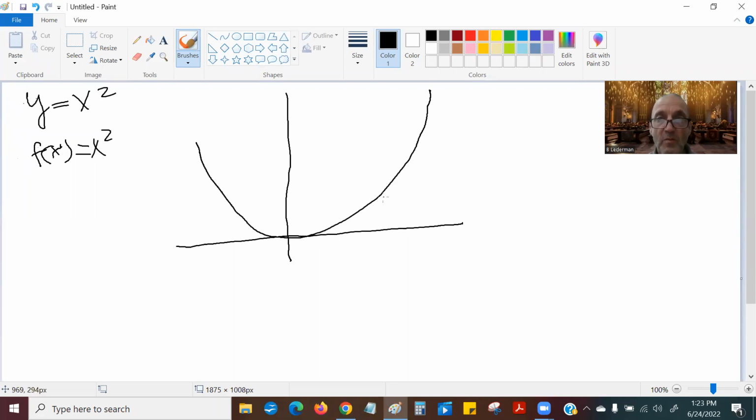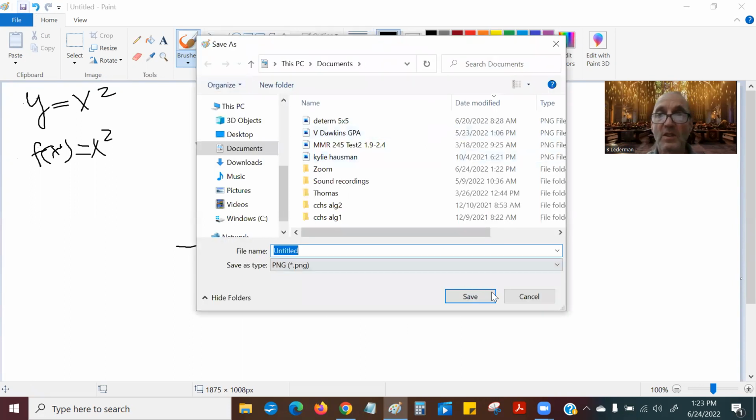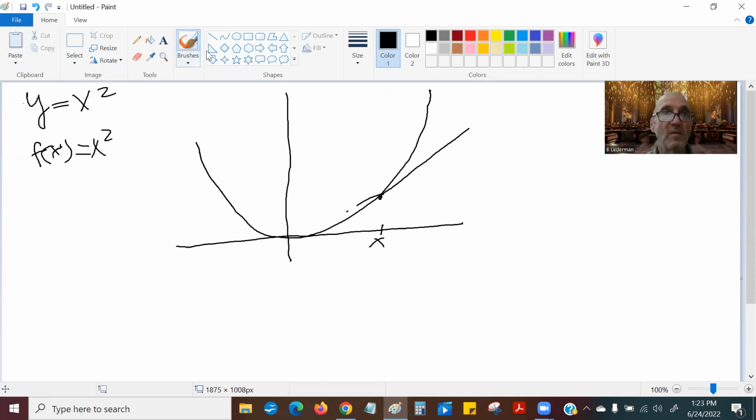And I want to look at a certain point here. We'll just call that point x. Just take a random x value. And I want to find the tangent to the parabola. Actually, I'm going to change that to a different color, make it stand out, make it pop a little more.